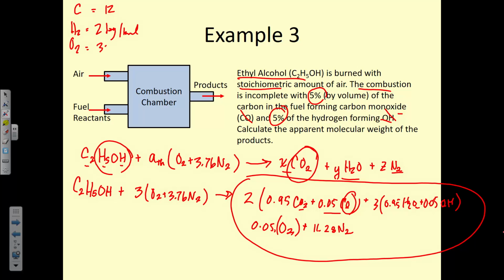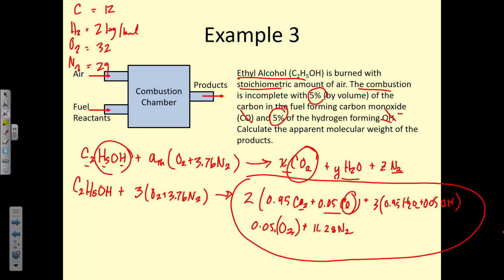Oxygen is equal to 32. Nitrogen is equal to 29. Those are all kilograms per kilomole. Okay, so then it becomes kind of a big, complicated equation. So first, we need to determine the total number of moles.